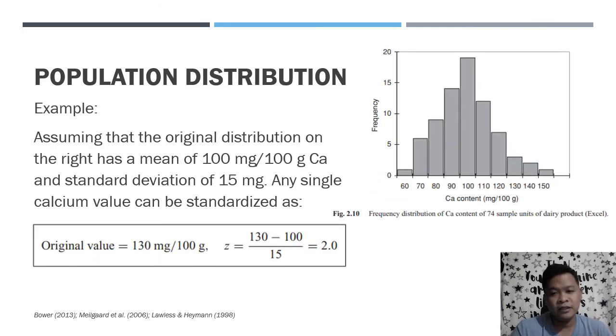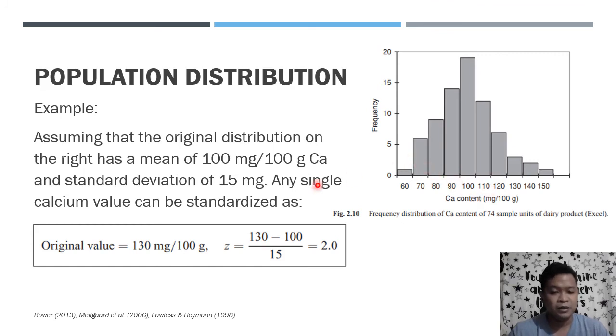So again, just another example of converting or standardizing any individual value into a z-score, just using the equation. If, for example, in this case, we have analysis of samples and what their calcium content is.